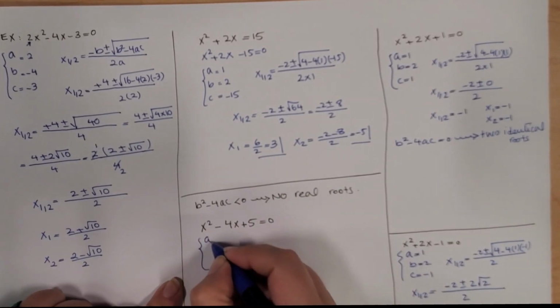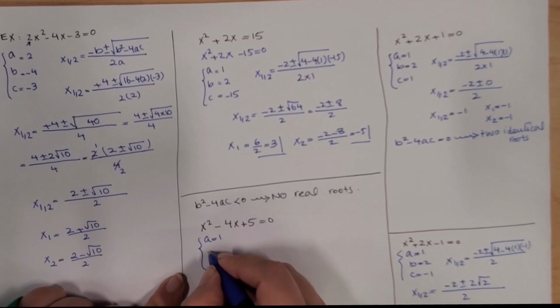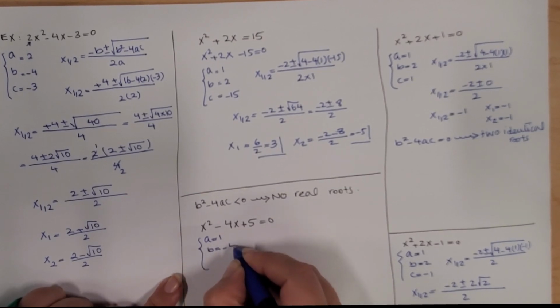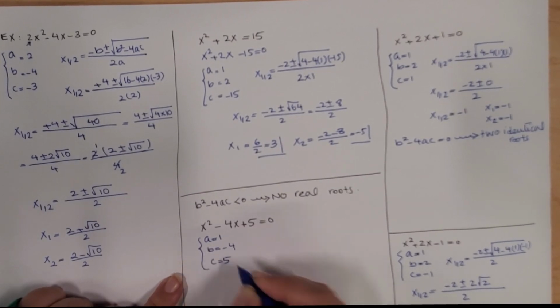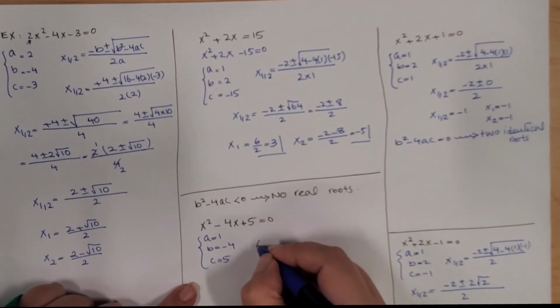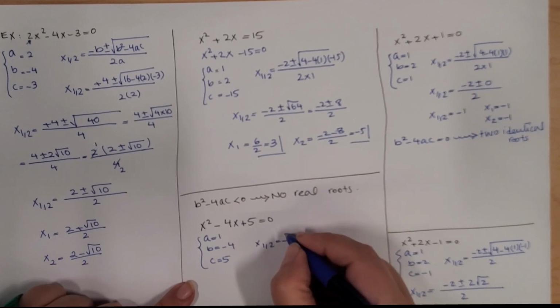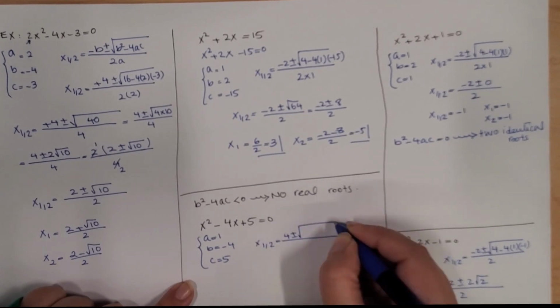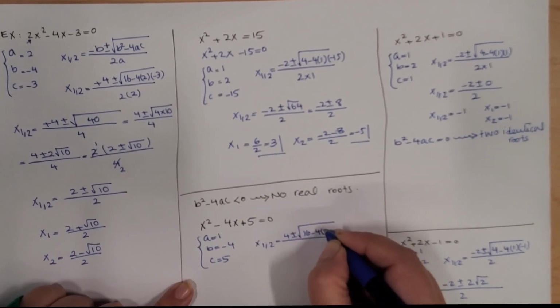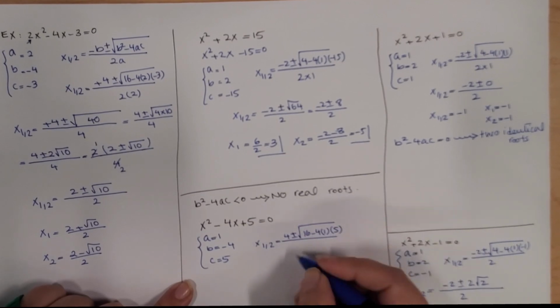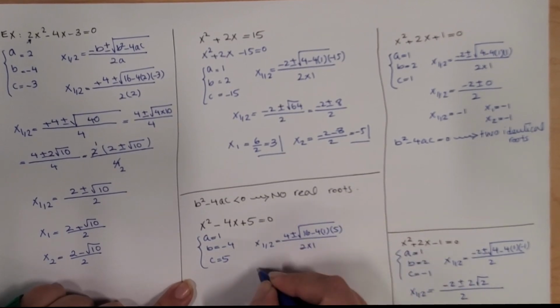As I told you, I like to be systematic when I'm doing math. So I just identify a, b, c. I just put it in the formula: -b plus and minus the square root of b squared minus 4ac over 2a. So let's simplify it a little bit further.